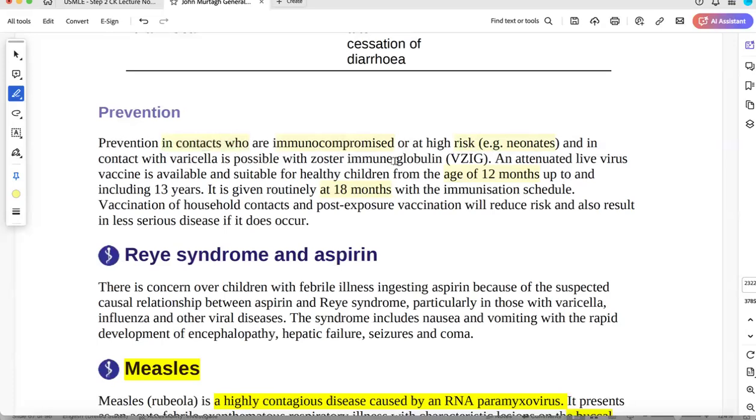Only a contact who can get a really complicated infection from varicella can be treated with immunoglobulin. Okay? So again, antiviral is only for an immunocompromised patient if they've already been diagnosed with varicella. Now, if there is a contact who is immunocompromised, then for them you would give immunoglobulin so that they don't catch the infection. Does it make sense? It's a bit tricky, but if you understand this, then all other things you will understand very easily.